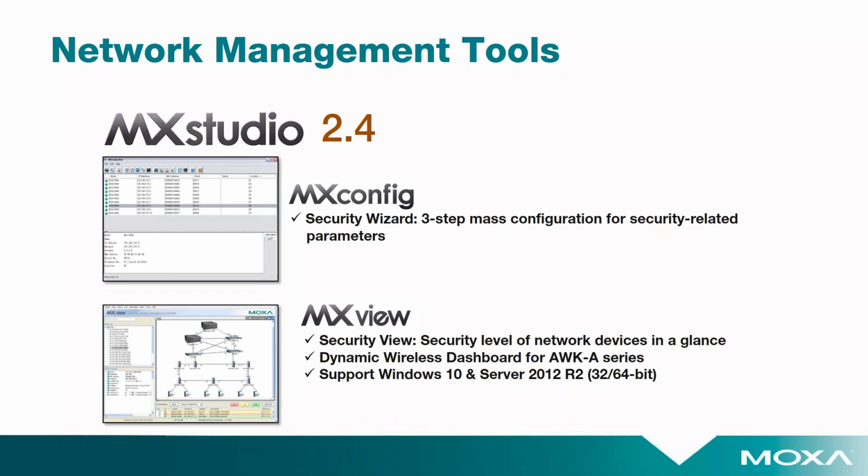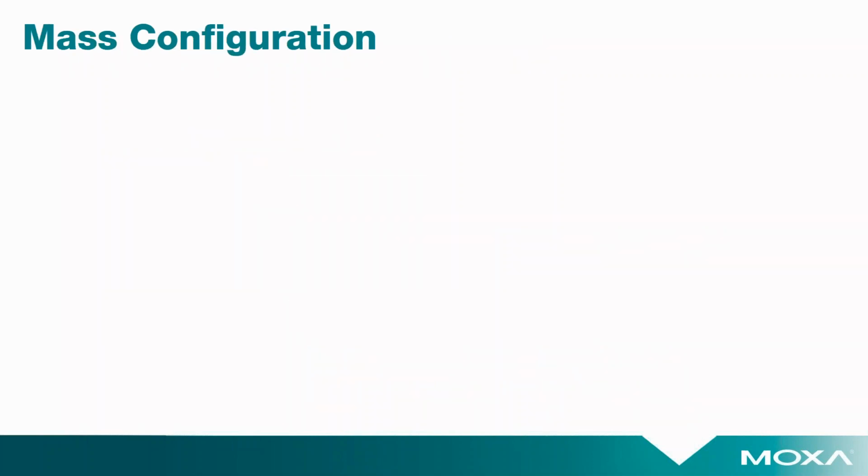Well, we have a thing called MXstudio. MXconfig is a free tool that allows you to do mass configurations, and MXview allows you to monitor any devices you have, and it's very easy to see. It's all very visual. You don't need to dive in or use command line interfaces. It's there for you to be able to diagnose problems.